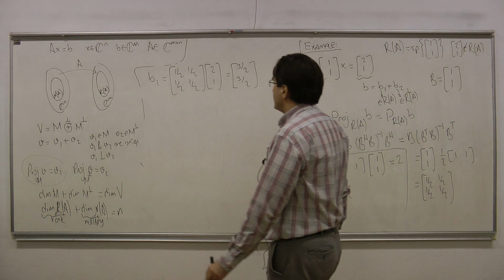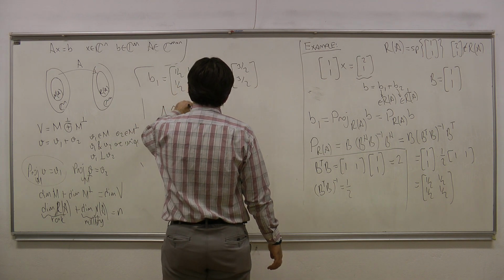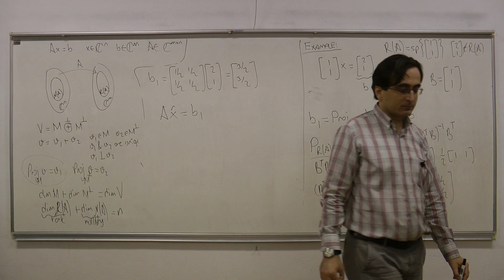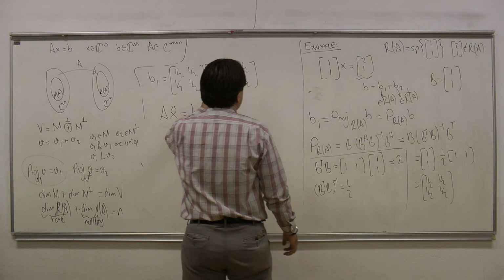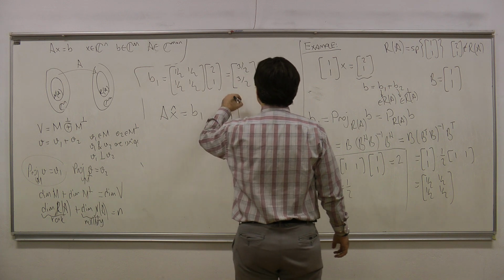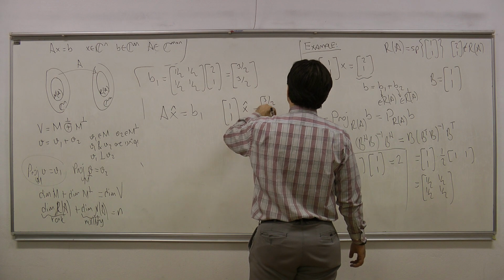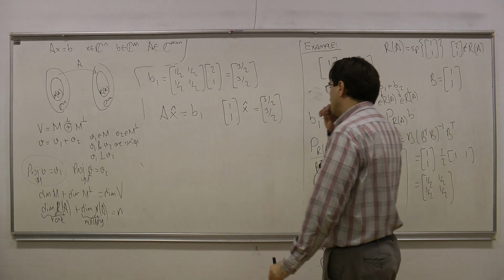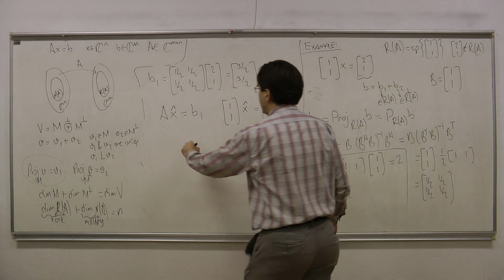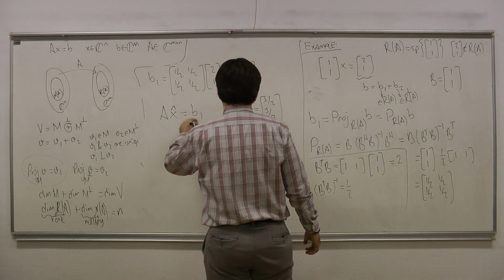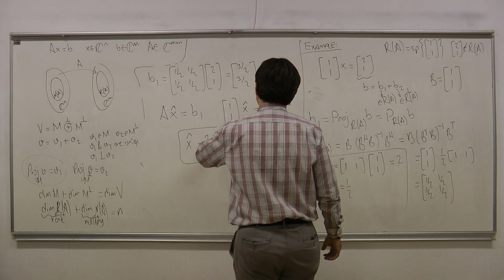Now I can obtain my minimum error solution by solving the equation A x hat equals B1. Here, my A is (1, 1) times x hat, and that is equal to my B1, which is (3 over 2, 3 over 2). We see the solution of this equation quite easily: x hat, the minimum error solution, is 3 over 2.